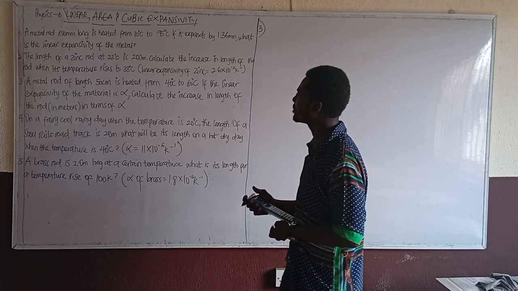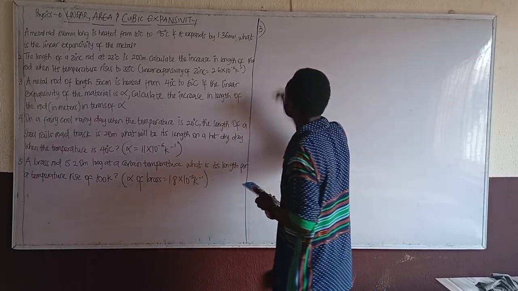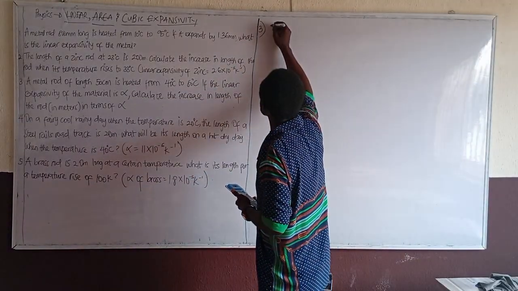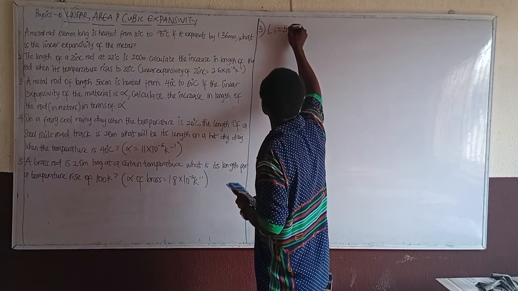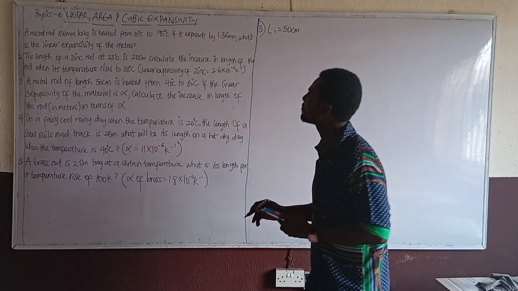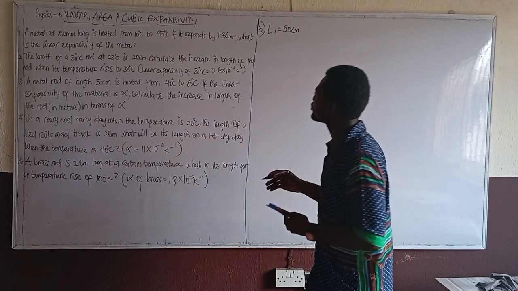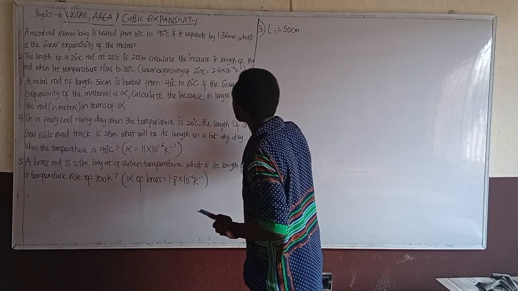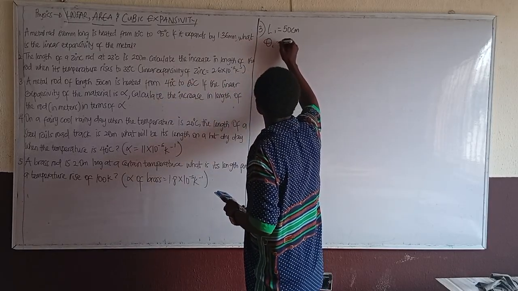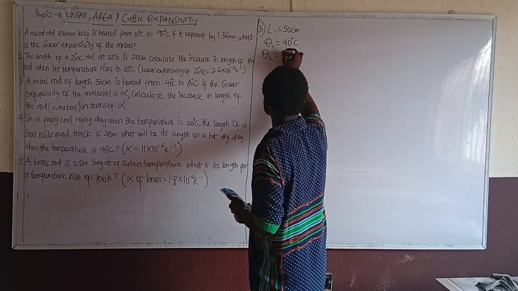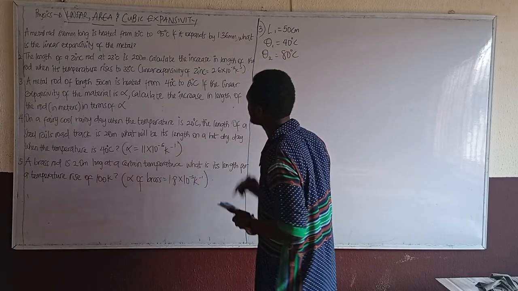A metal rod 50 centimeter. That means my L1 is 50 centimeter. Is heated from 40 degrees Celsius to 80 degrees Celsius, which means theta 1 is 40 degrees Celsius, theta 2 is 80 degrees Celsius.